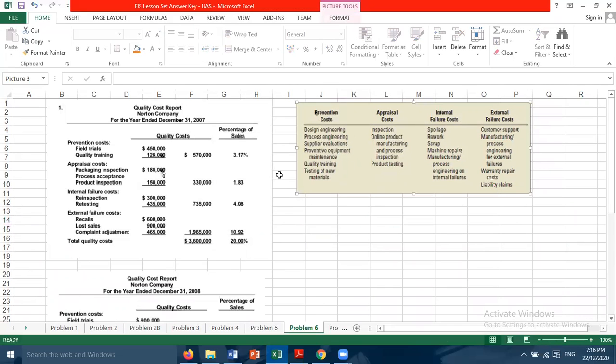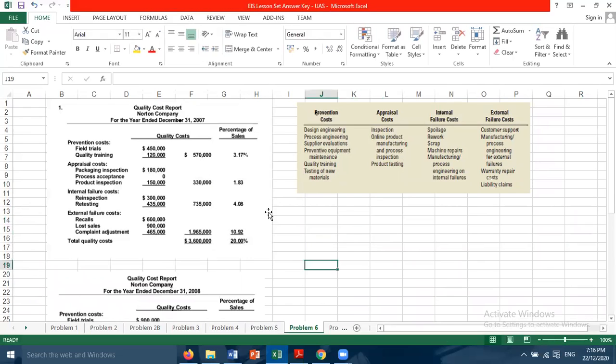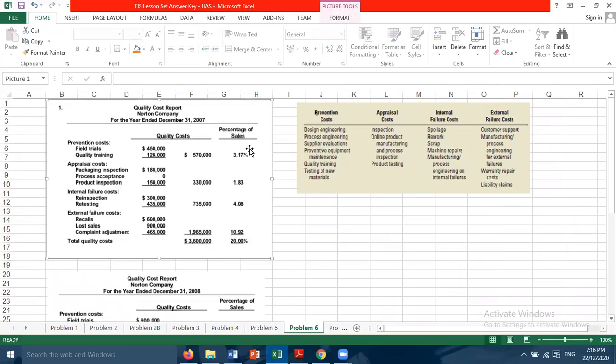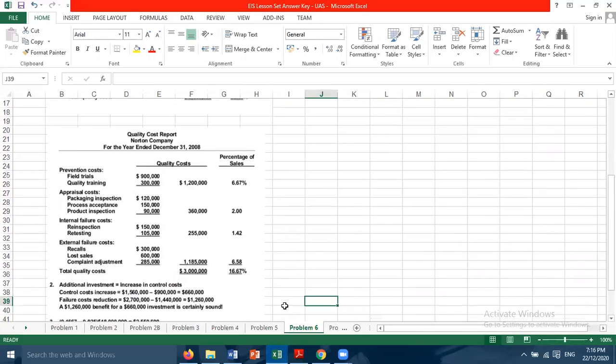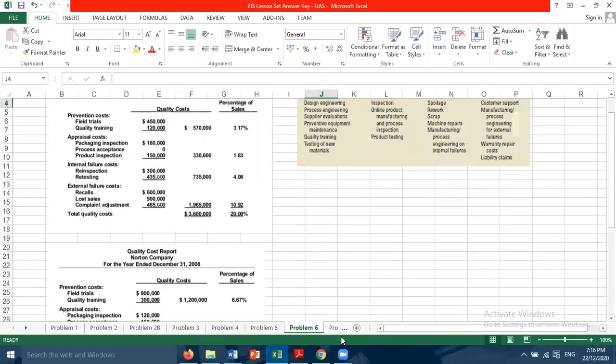From this, once you're able to properly categorize it, you'll be able to make a quality cost report. So the important part is actually categorizing it. The calculations are usually simple, where in a quality cost report, all you need to do is usually find the percentage of cost to the sales. Then all we need to do is usually compare it from one year to the other, and we see if there are any improvements or not. So that's practically quality cost in a nutshell.